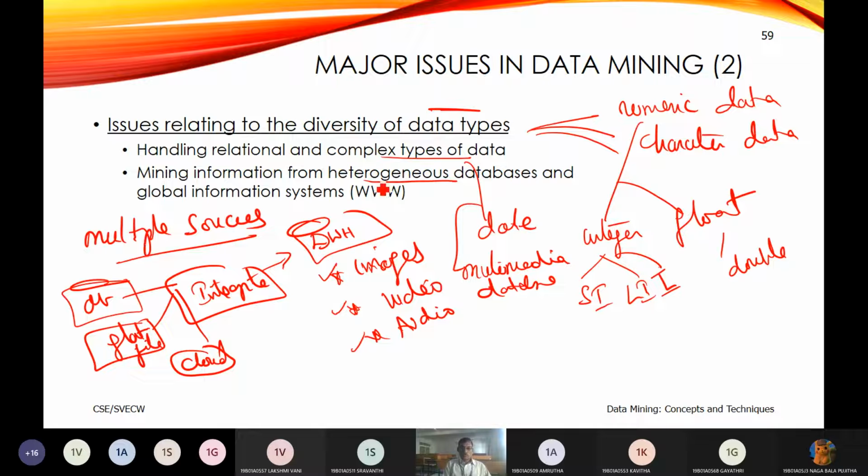So with multiple sources, you are going to call this a heterogeneous database, because we take content from a relational database management system, we take content from a flat file, we take content from a cloud, integrate the things and put it into a data warehouse, and thereby we are going to interpret the things.